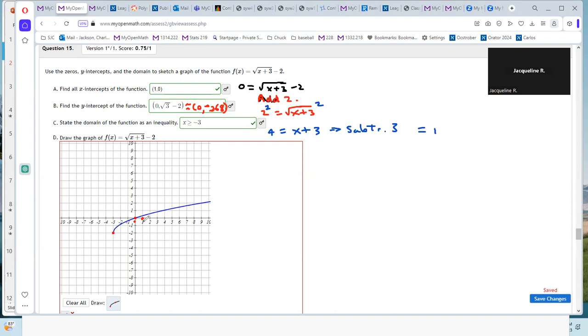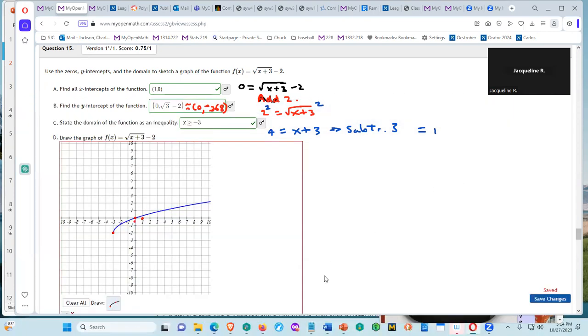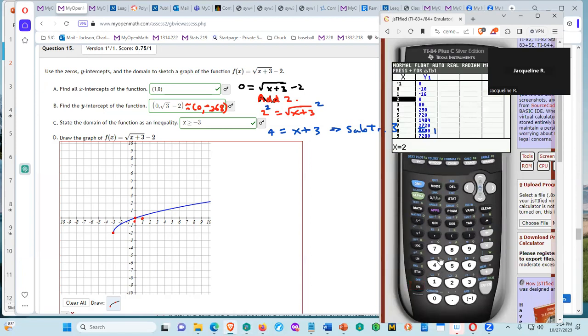Yeah, that's the only thing that confused me, the y-intercept, which is why I didn't put it. I don't even know why I didn't put the x-intercept, but it's fine. Most people are going to go to the calculator and just get a value of square root of 3 minus 2.